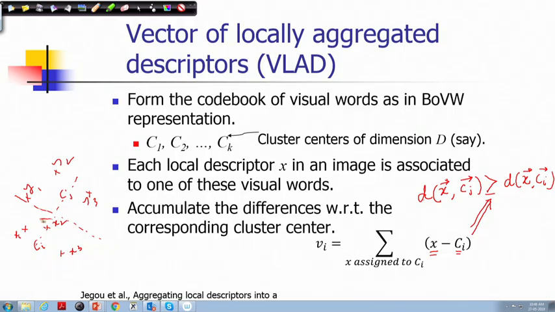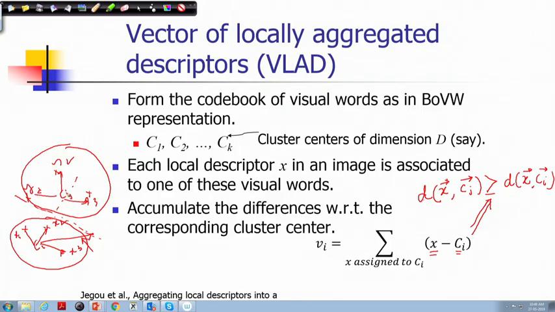All these feature vectors would be close to Ci, and all these feature vectors would be close to say Cj. Then say this is a vector, this is a vector, this is a vector, and you are just adding these vectors. So it is a resultant of all these vectors with respect to Ci, some resultant direction. Similarly, for Cj you also consider the resultant direction, which would be this.